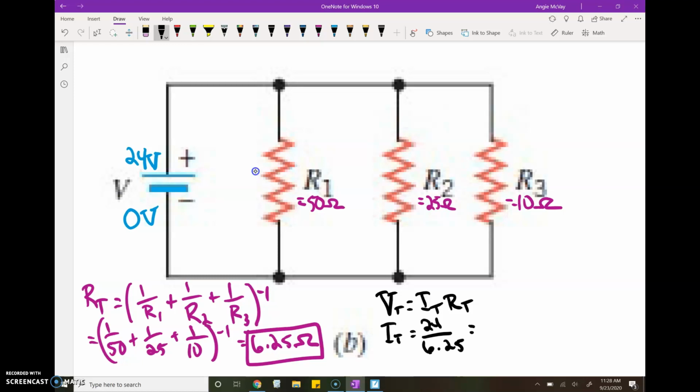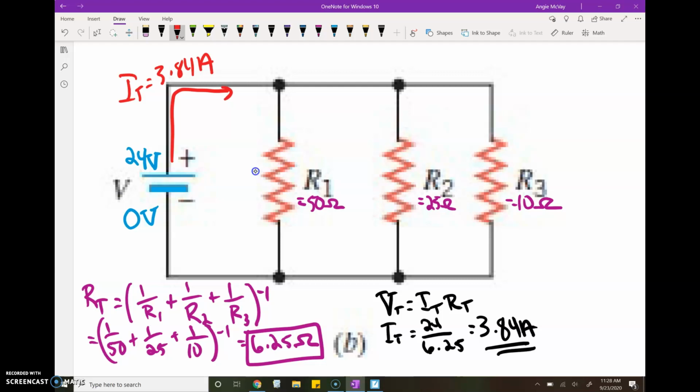And we get a current of 3.84 amps. All right. So let's say current is going to be red. Okay, so we'll say I total is 3.84 amps. Okay.